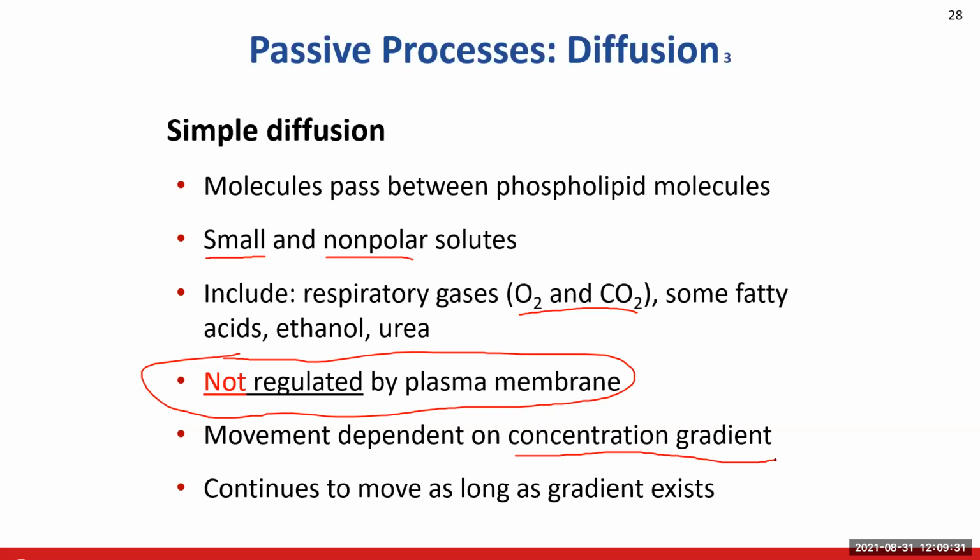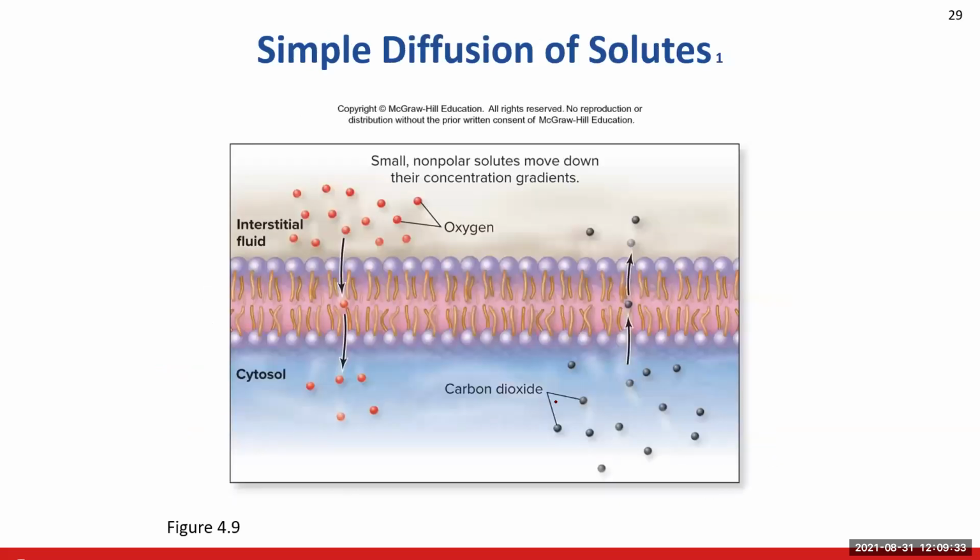It's happy. So that's what we're seeing here in this picture. You can see that you have an area of high concentration of oxygen outside the cell, low inside the cell. So oxygen wants to move from outside to in. Same thing with carbon dioxide. Lots of carbon dioxide inside the cell, very little outside the cell. So carbon dioxide will leave and go outside.